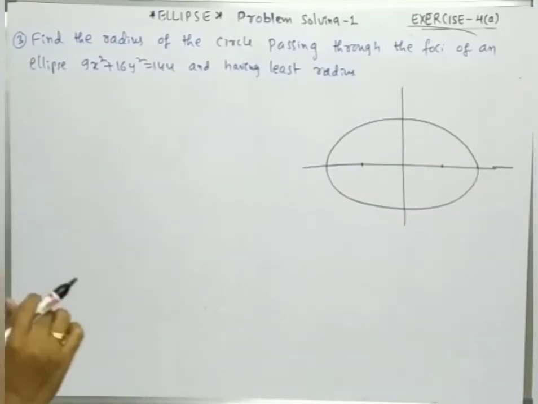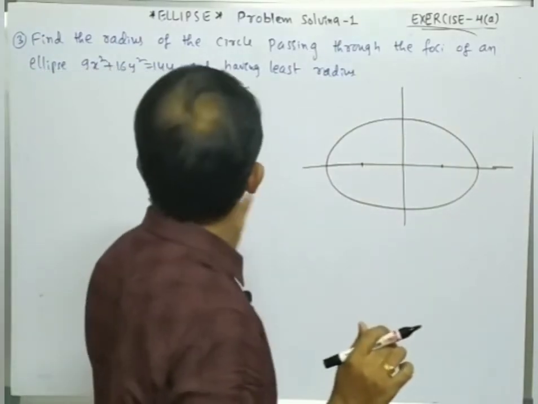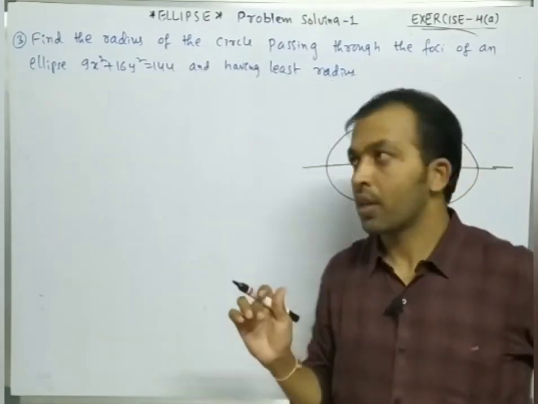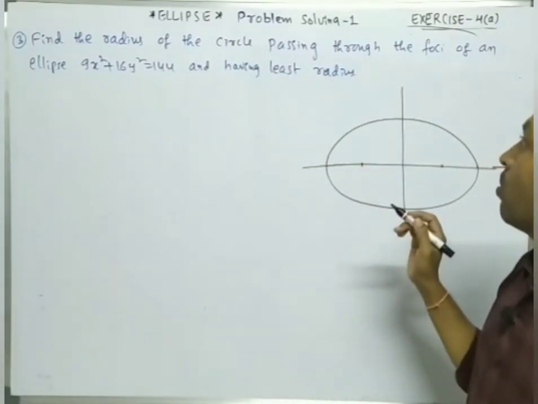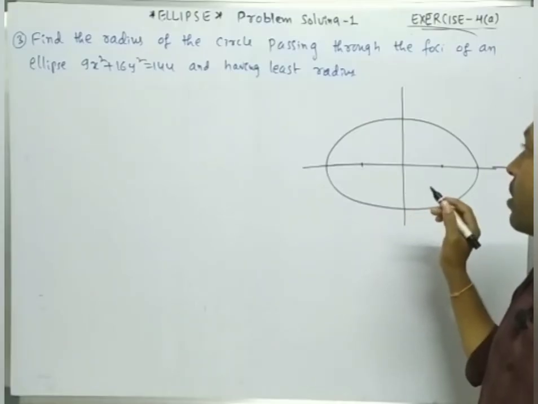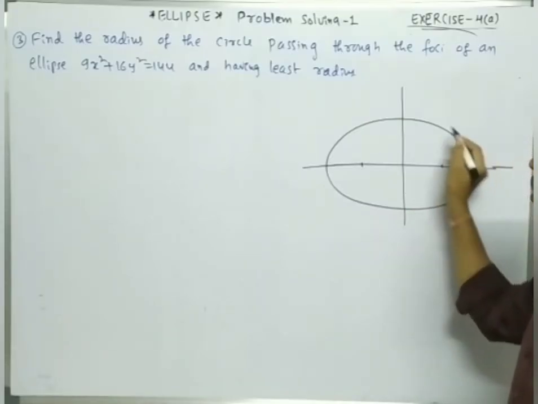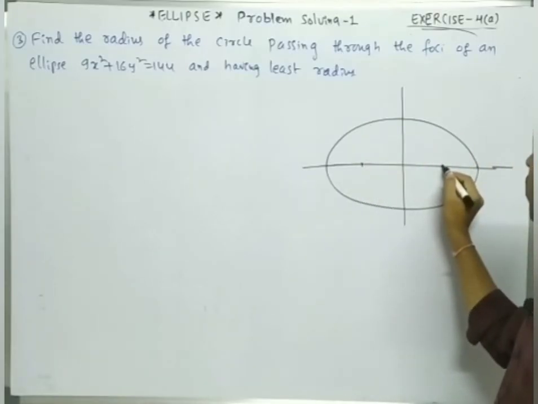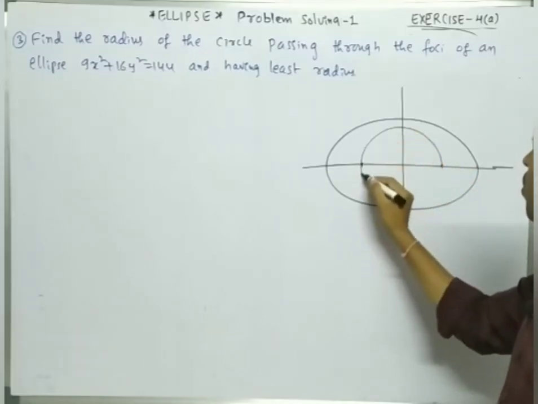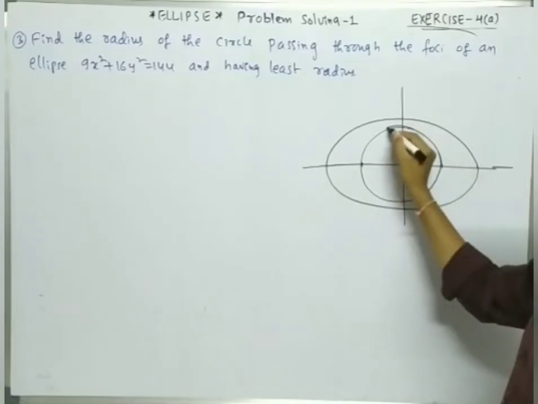Find the radius of the circle passing through the foci of an ellipse 9x square plus 16y square is equal to 144 and having least radius. So this is the ellipse. We have to find the equation of the circle that passes through the foci.